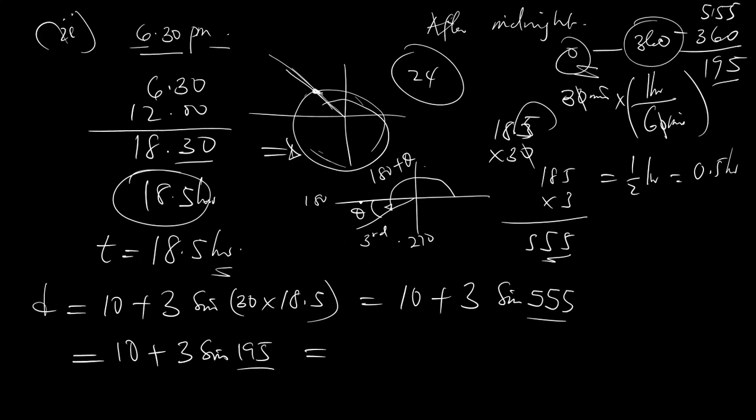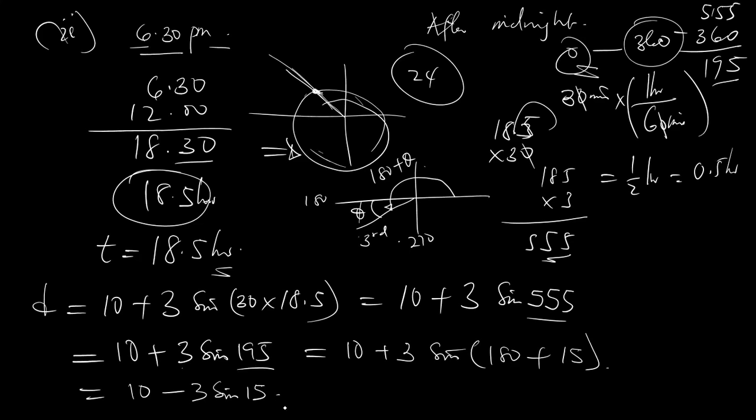Here is theta. Then that means sine is negative. So you now have 10 plus 3 sine of 180 plus 15. This is the same thing as saying 10 minus 3 sine 15, since sine is negative in the third quadrant.